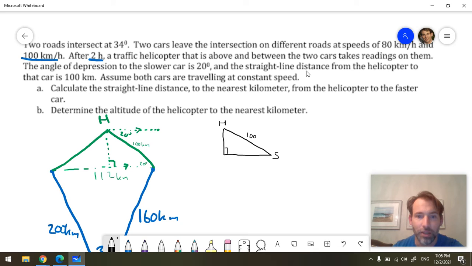This is 100 degrees. This is 20 degrees. So what relates this to this? Sine. So I would say sine 20 degrees equals 100 divided by h, little h, the height of the helicopter. A little bit of rearranging. I'm going to multiply by h, both sides.